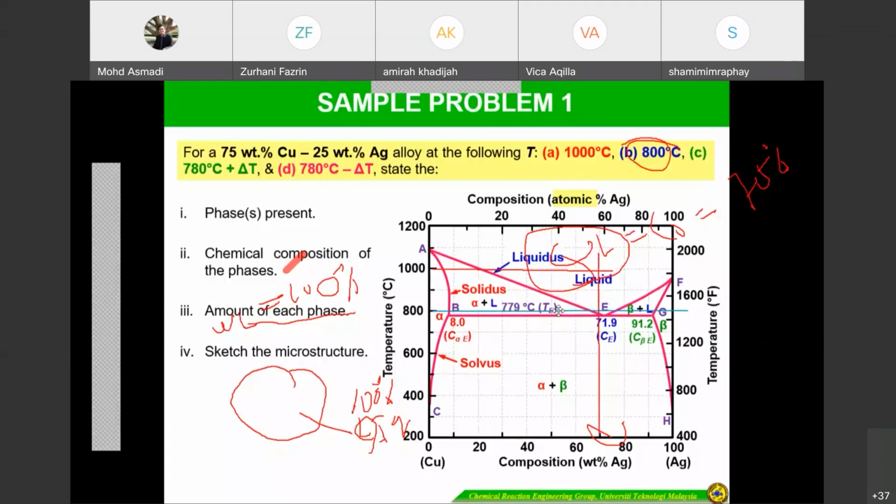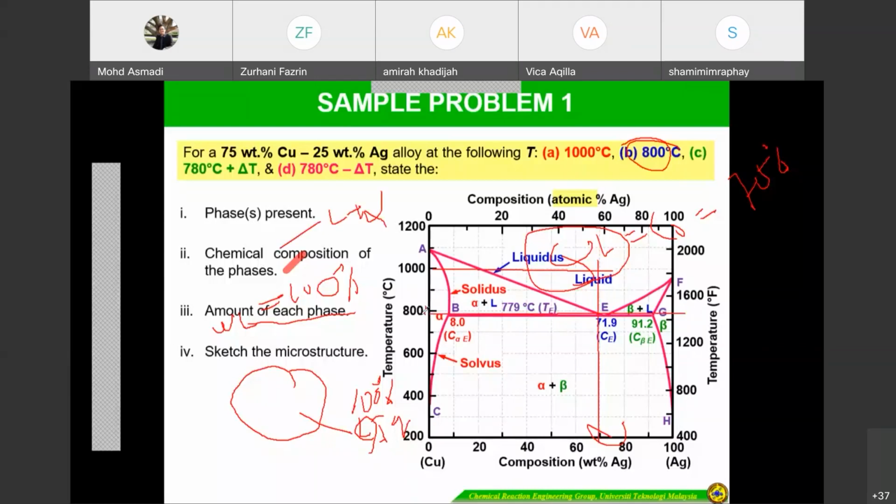It should be two phase, alpha plus liquid, more to this side. Okay, my graph is not good. If the real graph touches this one, this one is L plus alpha for 800 degrees.